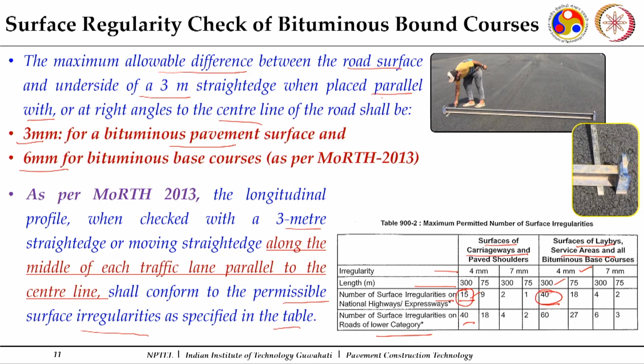So, this needs to be further checked, and this is for 4 mm. So, you have the quantum of the irregularity, the length in which it is to be ensured, and the number of how many of these irregularities can be permitted.